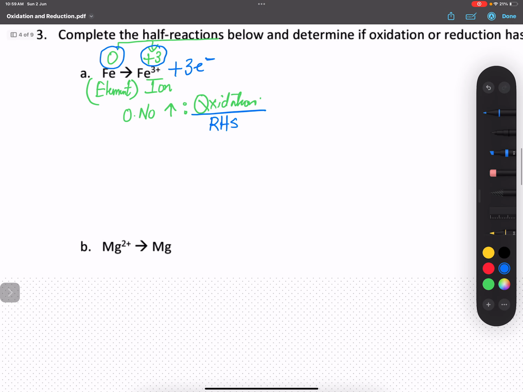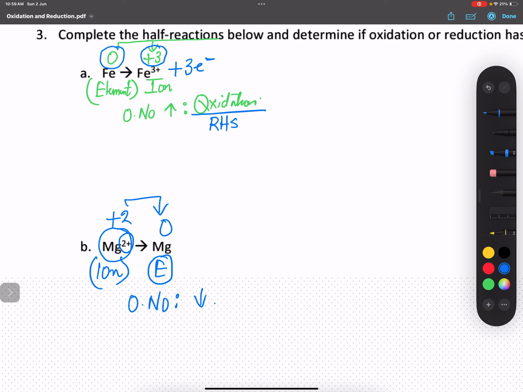Next comes Mg2+, this is an ion. The first step is correctly identifying the oxidation numbers or states. And this is my element. An element is 0, and for an ion, whatever charge you see on the ion. Ion means it can be positive or negative. So the oxidation number has decreased. When oxidation number decreases or reduces, you call it a reduction. And in reduction, the electrons are added on the left hand side.